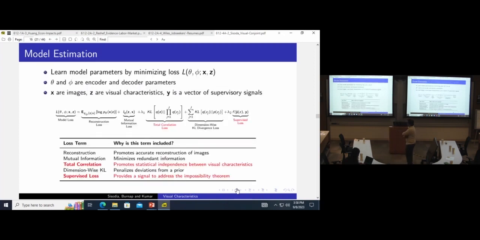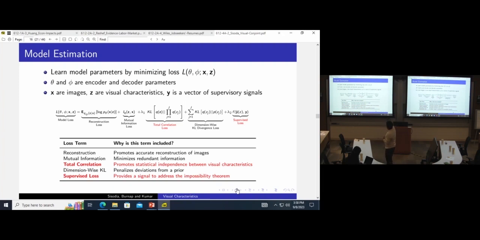The model is estimated using a VAE framework plus an additional supervised loss. The two key terms that we need to find for our estimation are lambda 1 and lambda 2, which are the weights on these two different losses. The first loss, highlighted in red, is known as the total correlation loss, and that is the one which promotes statistical independence.